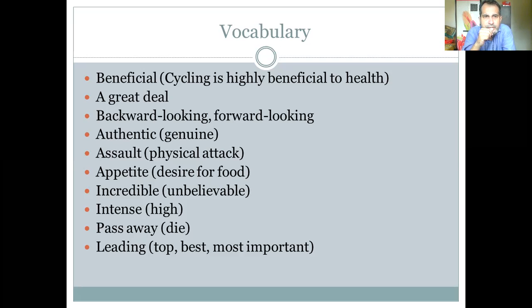Then another word, backward-looking, forward-looking. In these two words, a hyphen is used. Don't forget to use this hyphen in these compound words. Backward-looking. In our day-to-day life, we say that he has a backward-looking mentality. That means his attitude, his mentality is not modern.